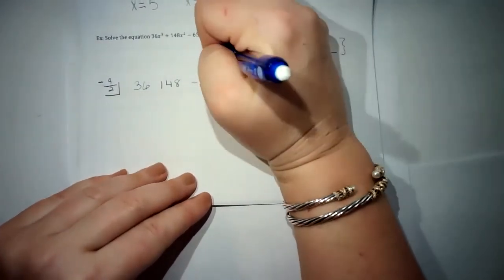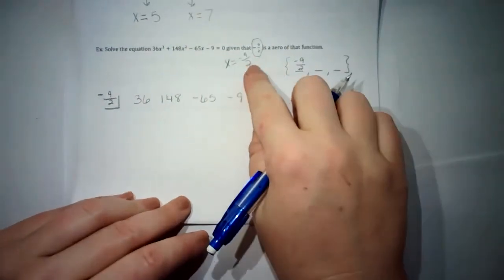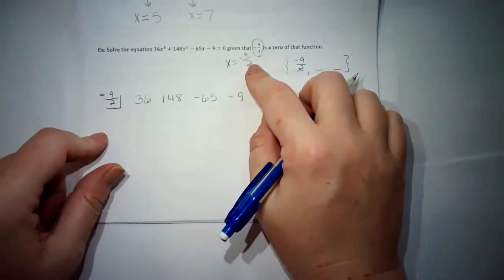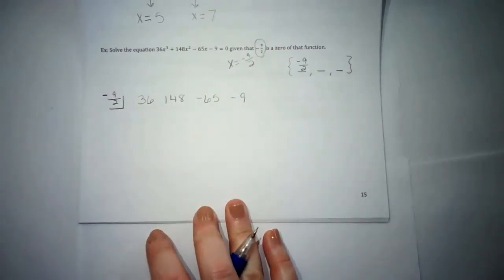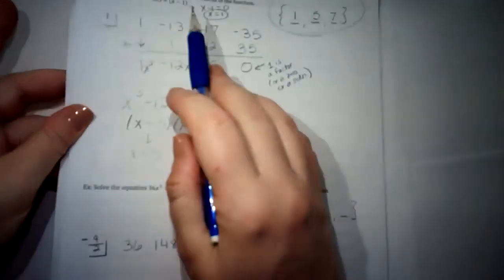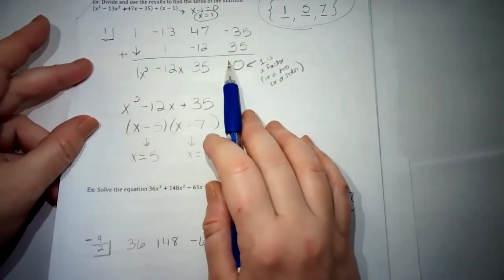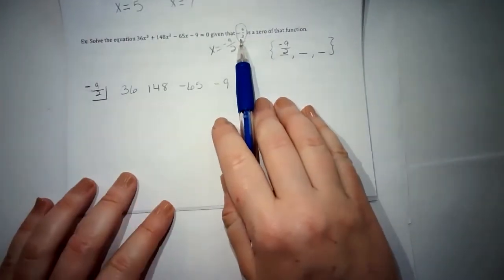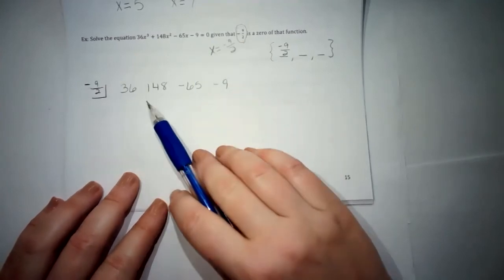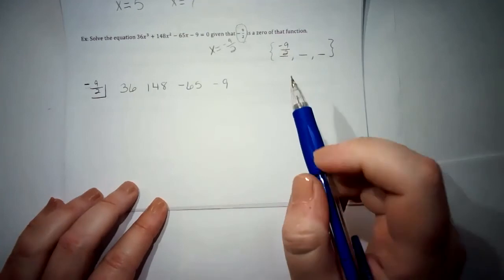Here, they're already telling you x equals negative 9/2. They're already telling you that for him. So you put it right in. So again, you have to really be sure you know if you see x plus or minus something, that's when you have to change the sign. If you don't and you just see the value, you put it right in the way it is. Does that make sense? That can be tricky.